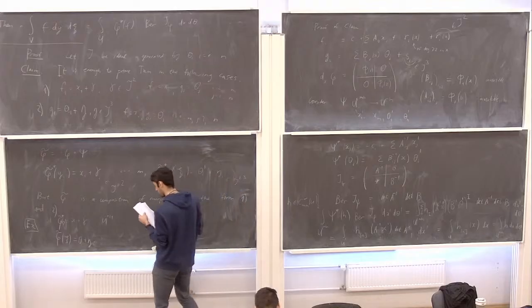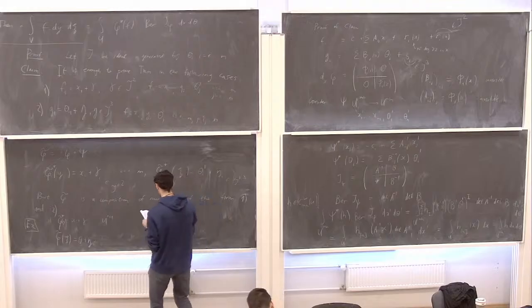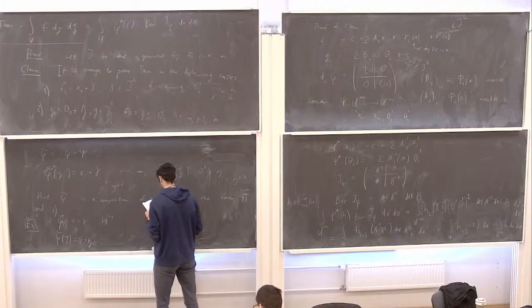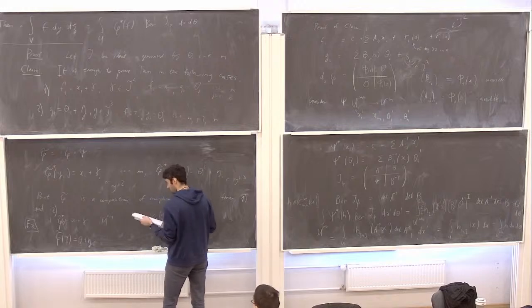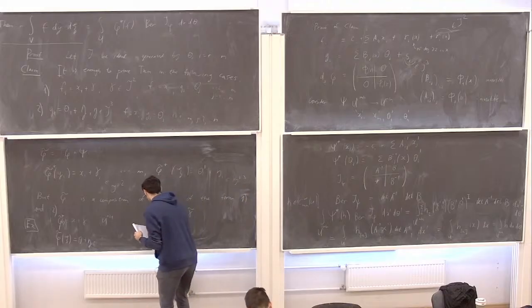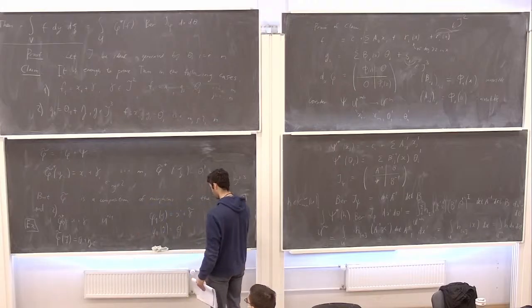So phi 1 is the one that I apply first. So this will be phi 1 of y is x prime plus some gamma. But this should be gamma tilde. And phi 1 of x_i is just theta prime. This is the first morphism.